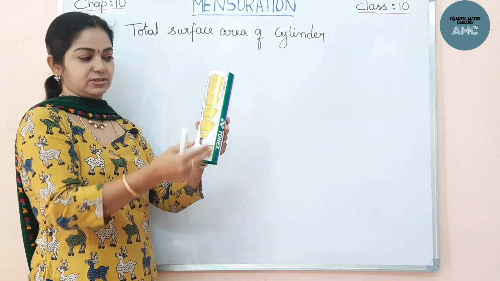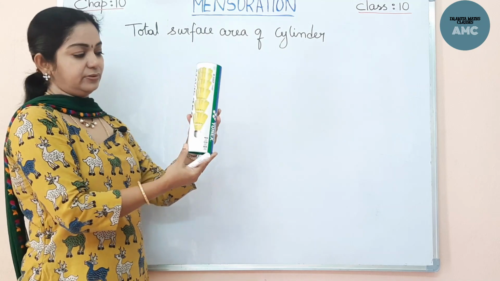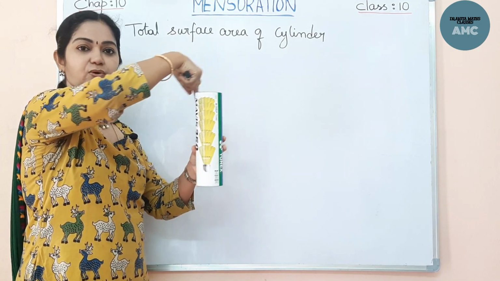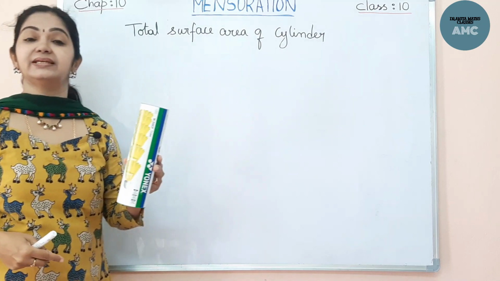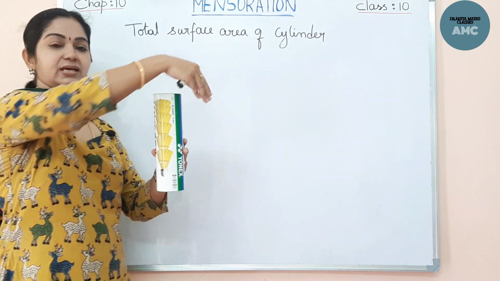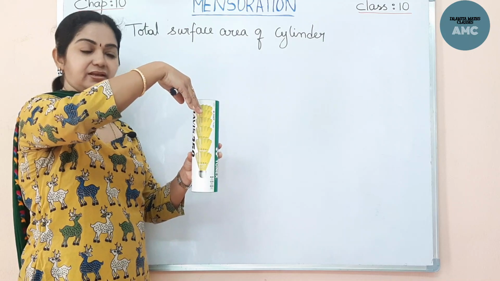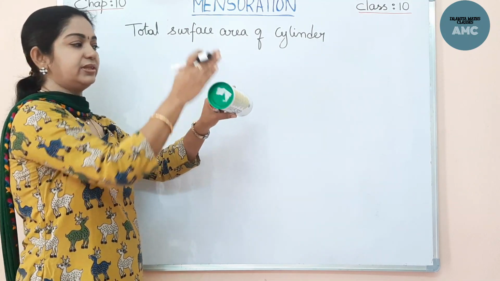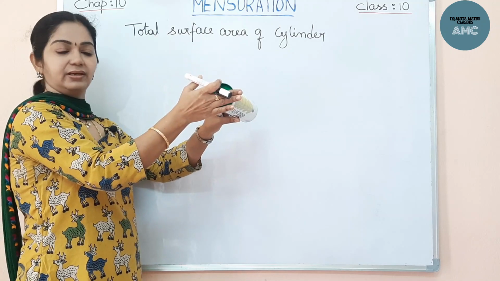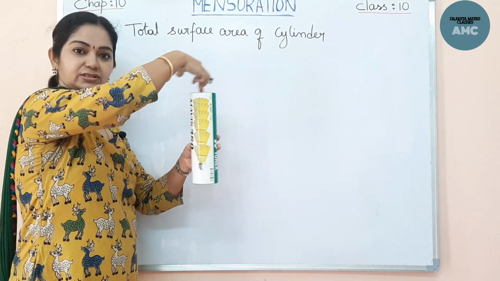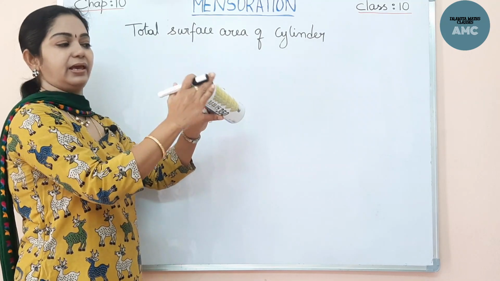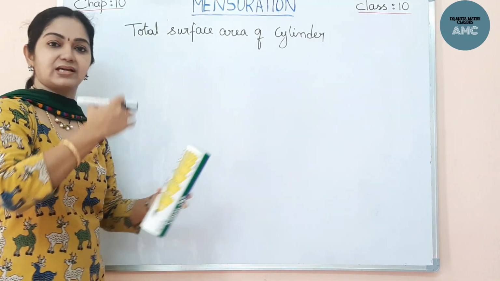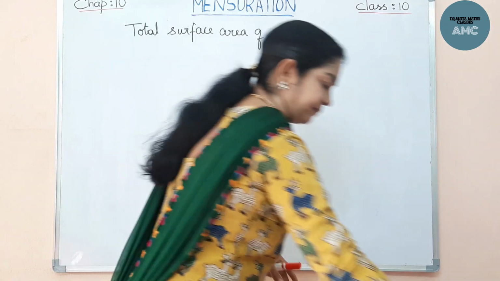This is the box, a cardboard box. Now here I am telling, curved surface area means just the surface area of this part. When I am telling the total surface area, it means the curved surface area plus the area of the bases, both the bases, this side and this side. So CSA plus the area of the bases. Two bases it is having. So that gives us a total surface area.